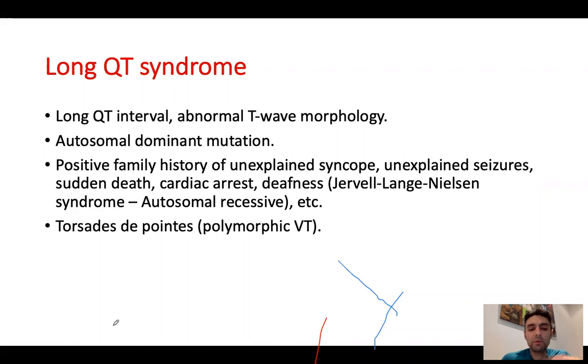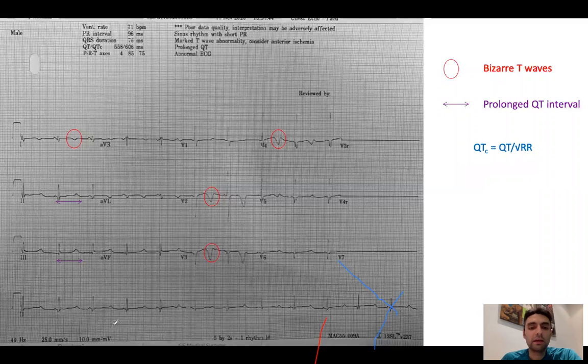So his syncope is likely because of torsades, and I guess everyone knows that long QT patients are at risk of torsades. The T waves are bizarre, and there is definitely prolonged QT. In this case, the machine is measuring around 600, and when we measure it, it's definitely north of 550 to 600.